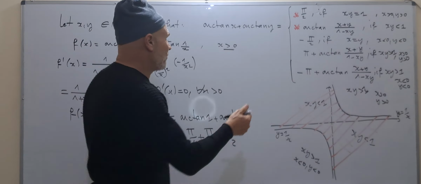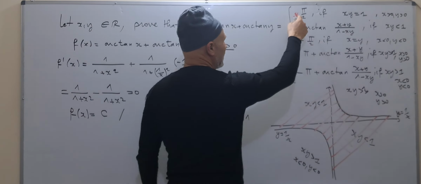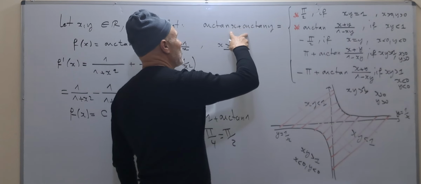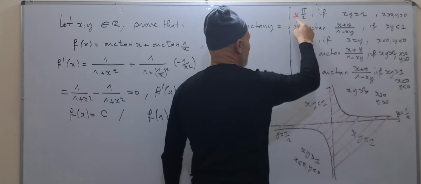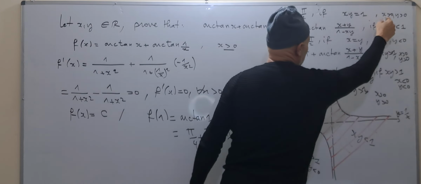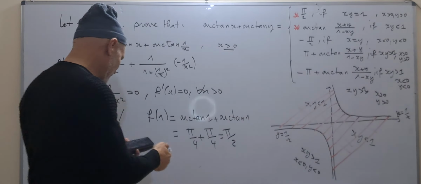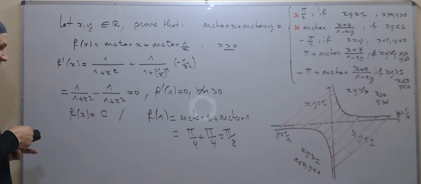So we proved this first result. We have the sum of the two, arctangent x plus arctangent y, equal to pi over 2 if xy equals 1 and x positive, y positive. How about the second?